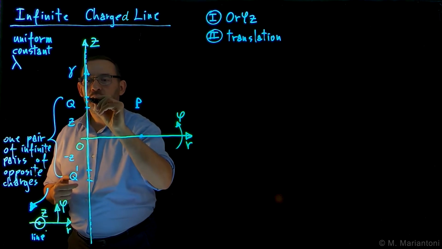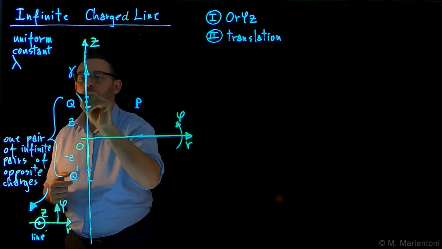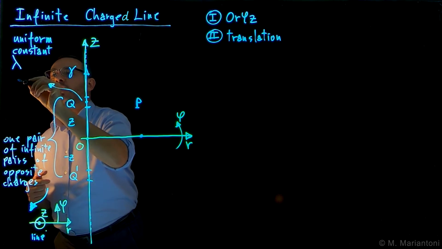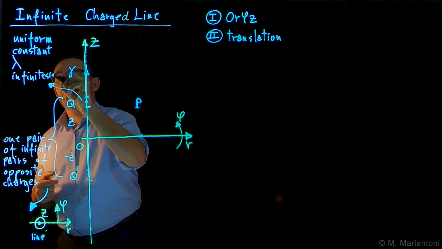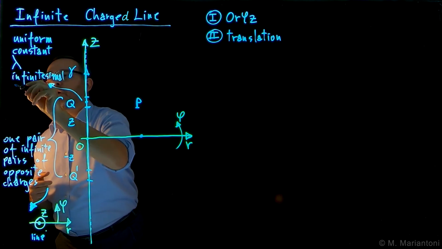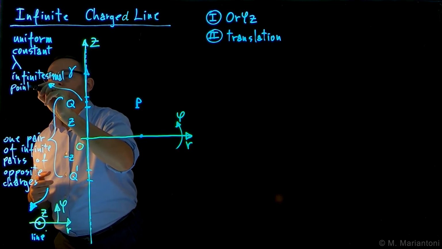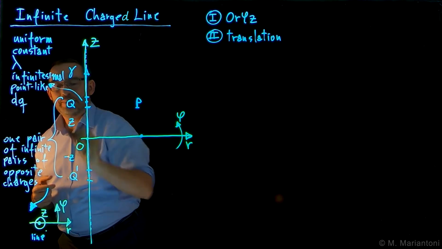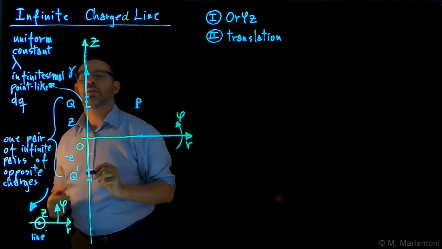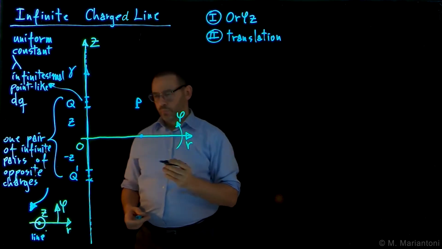So this charge here, around the point Q, capital Q, is an infinitesimal point-like charge dq. Similarly down here, this will be another dq, okay?